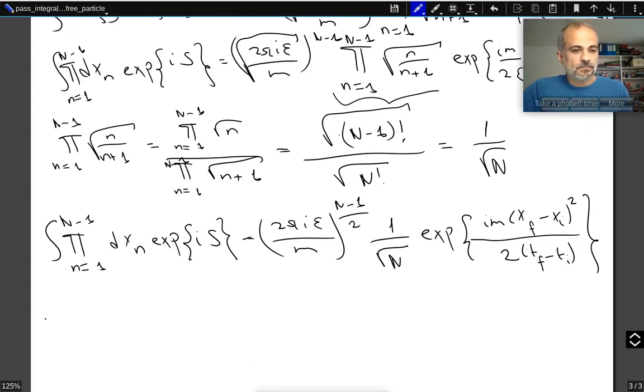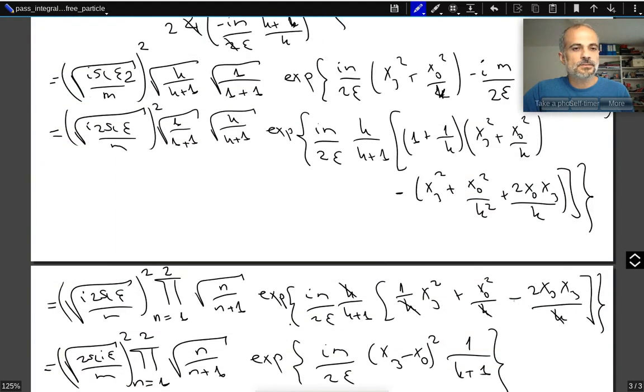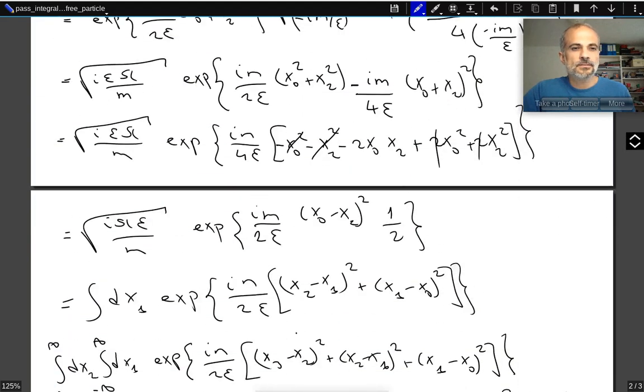Now the path integral has an overall normalization factor. Let's just check the normalization factor.